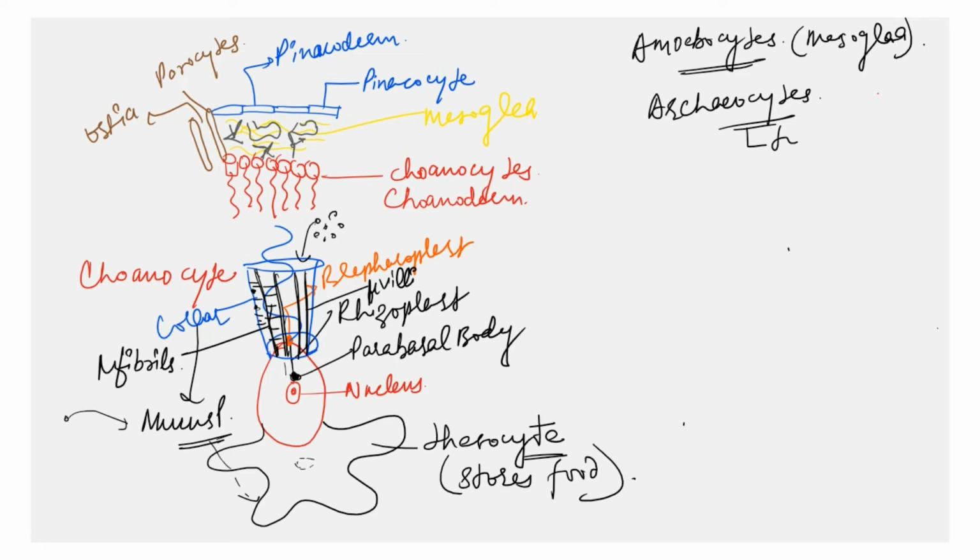These archaeocytes are totipotent cells present in the mesoglia. They have the ability to give rise to different types of cell. They have mitotic ability.